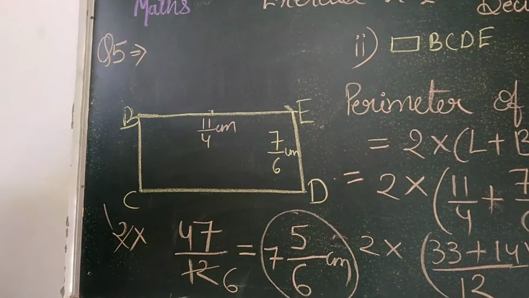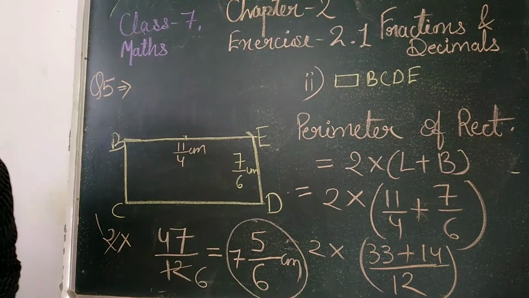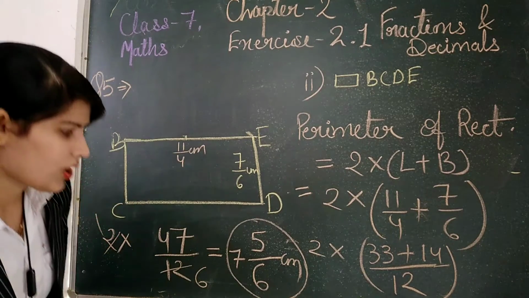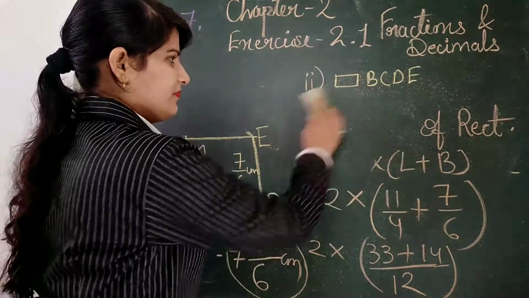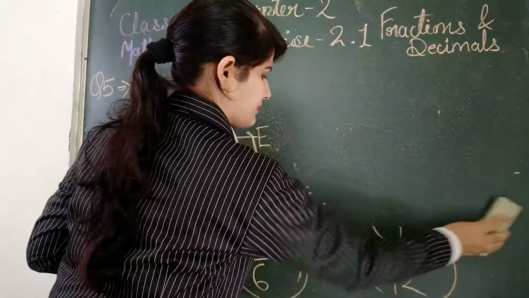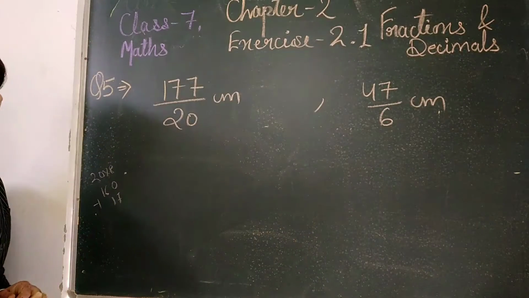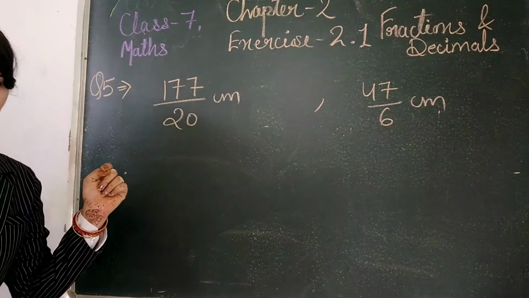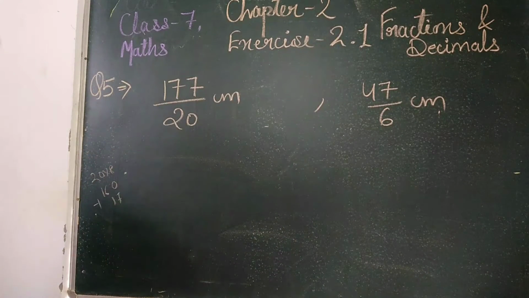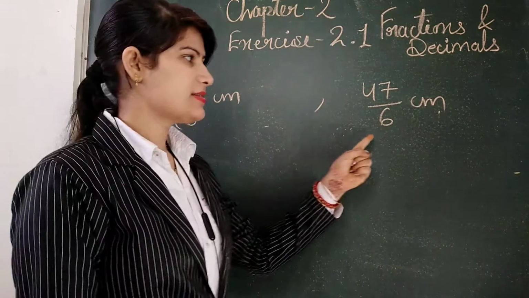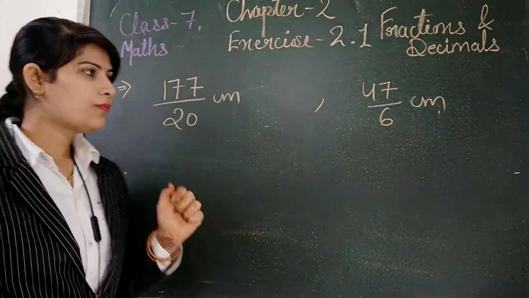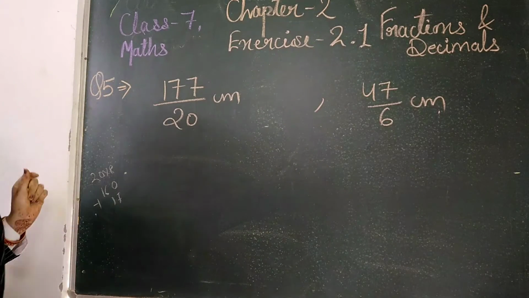The question is about whose perimeter is greater. So how can you find whose perimeter is greater? Simple. And the third last statement of this, whose perimeter is greater. Okay, so this is the perimeter of the triangle and this is the perimeter of the rectangle. Now which one is greater? How can you find?